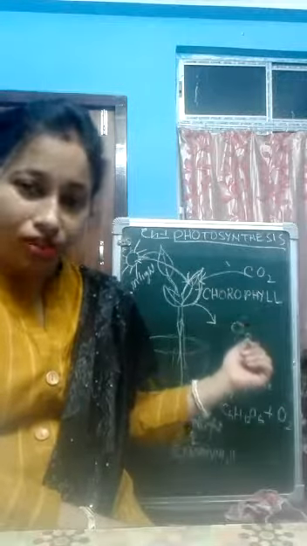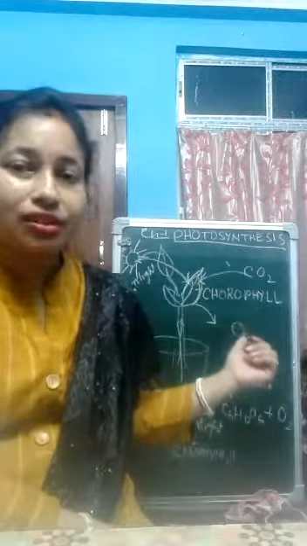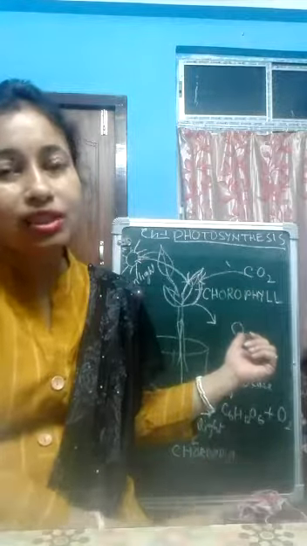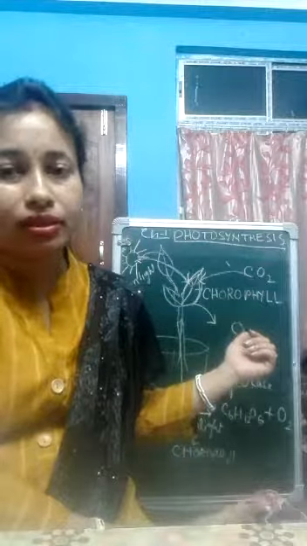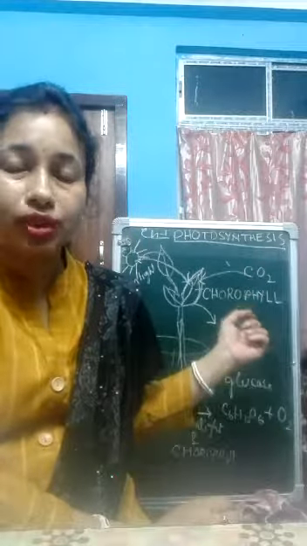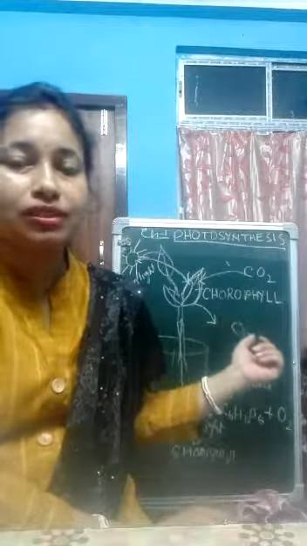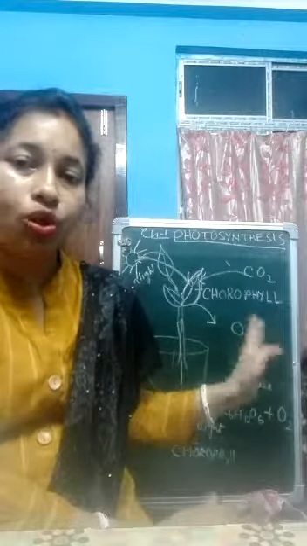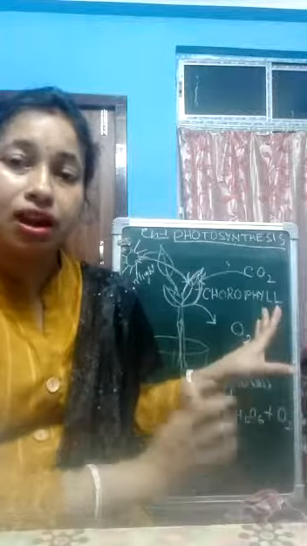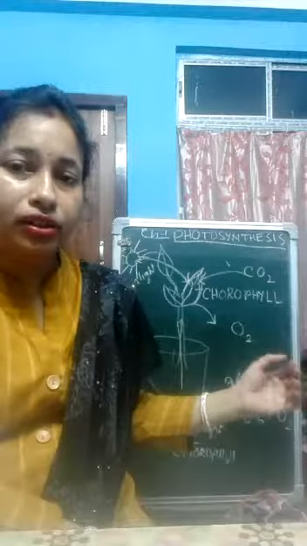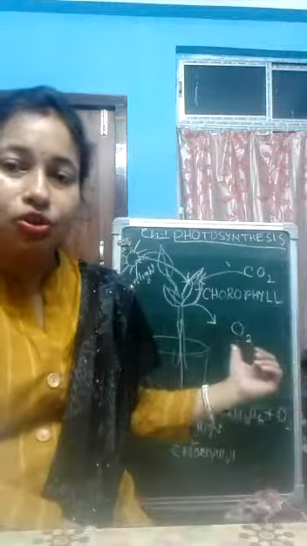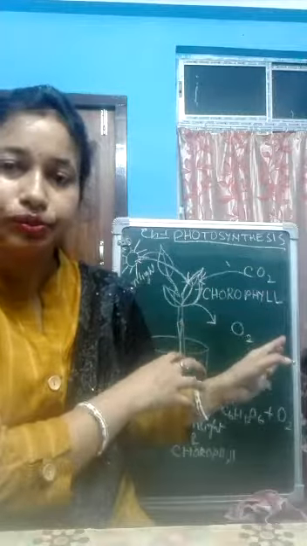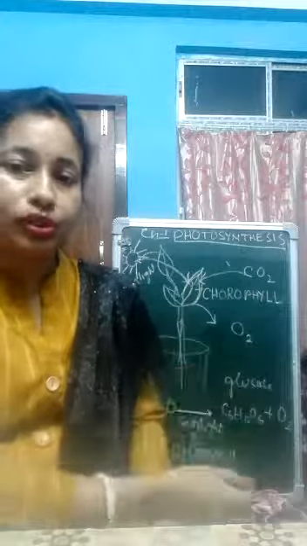There is carbon dioxide, water, sunlight and chlorophyll. All the four substances are equally important. Leaves cannot perform photosynthesis if any of the substances are missing. So all the things are synthesized together in the leaves by the process called photosynthesis.